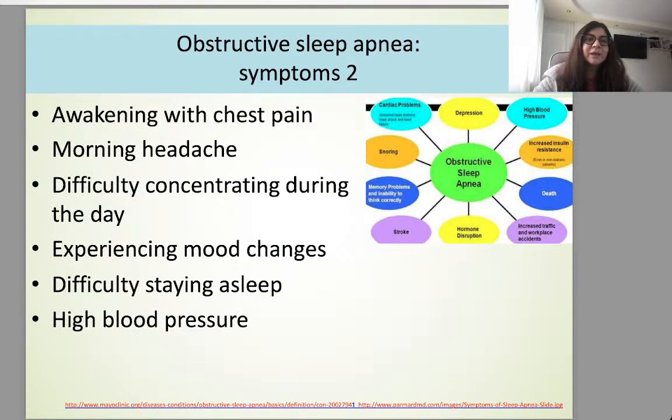Moreover, the patient can awaken with chest pain, morning headaches, difficulty concentrating during the day, experiencing mood changes, difficulty staying asleep, and high blood pressure. You see how many symptoms, a lot of problems caused by this syndrome.